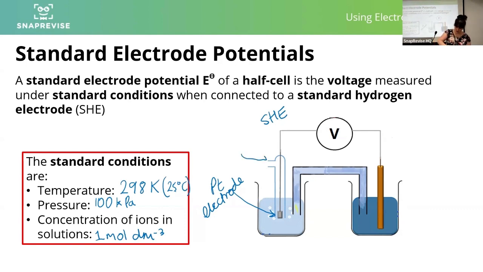We need to have somewhere to input the hydrogen gas. So usually we'll input it into almost like an upside down test tube, which will bubble the hydrogen gas over the electrode and allow the solution, which has got H+ ions in it, to interact with the H2. So, allow the solution to accept H+ ions if necessary, and for the H2 to give up electrons, or vice versa.